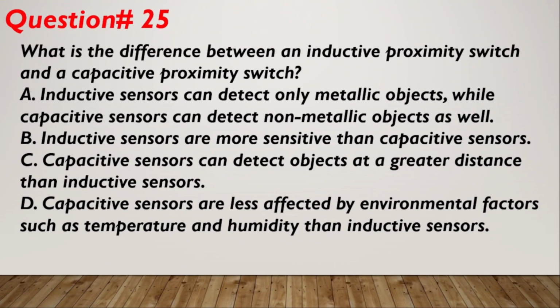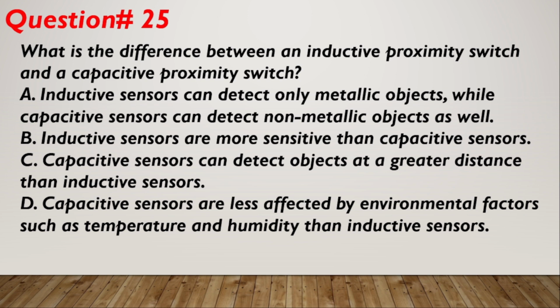Question number 25. What is the difference between an inductive proximity switch and a capacitive proximity switch? A. Inductive sensors can detect only metallic objects, while capacitive sensors can detect non-metallic objects as well. B. Inductive sensors are more sensitive than capacitive sensors.